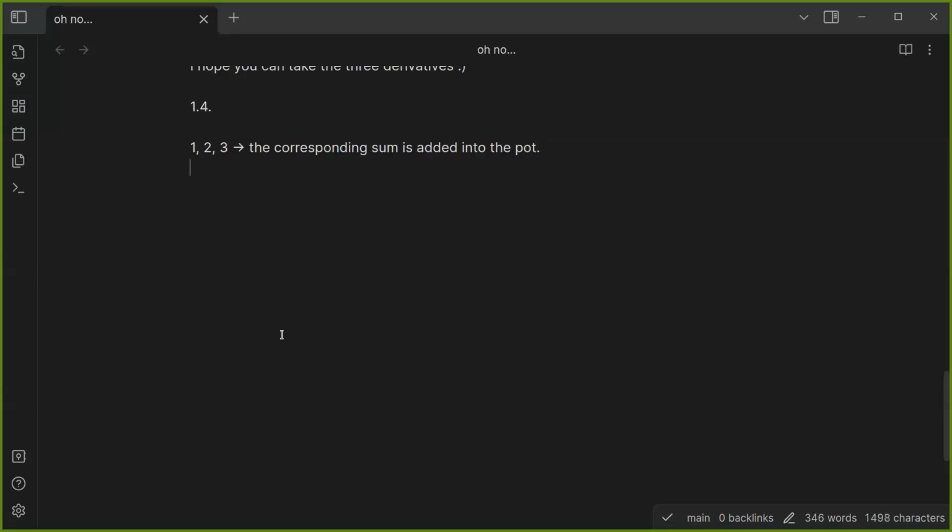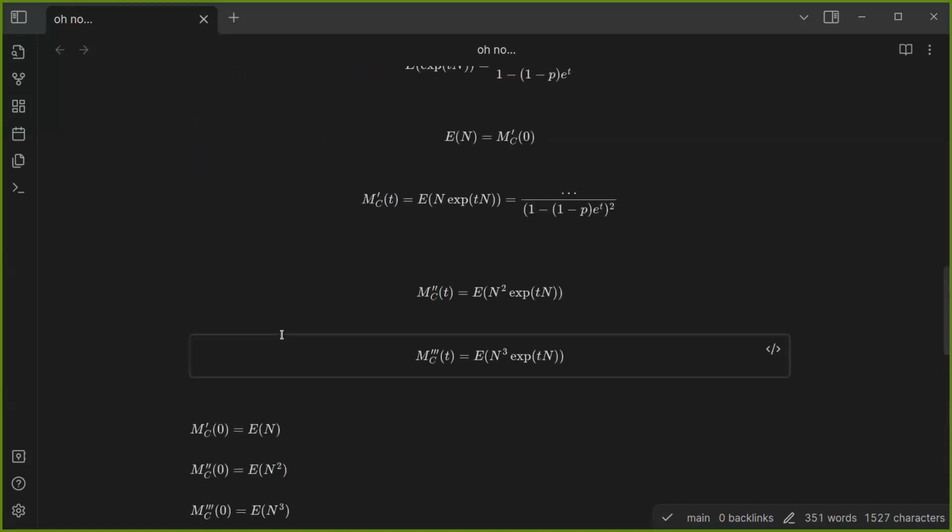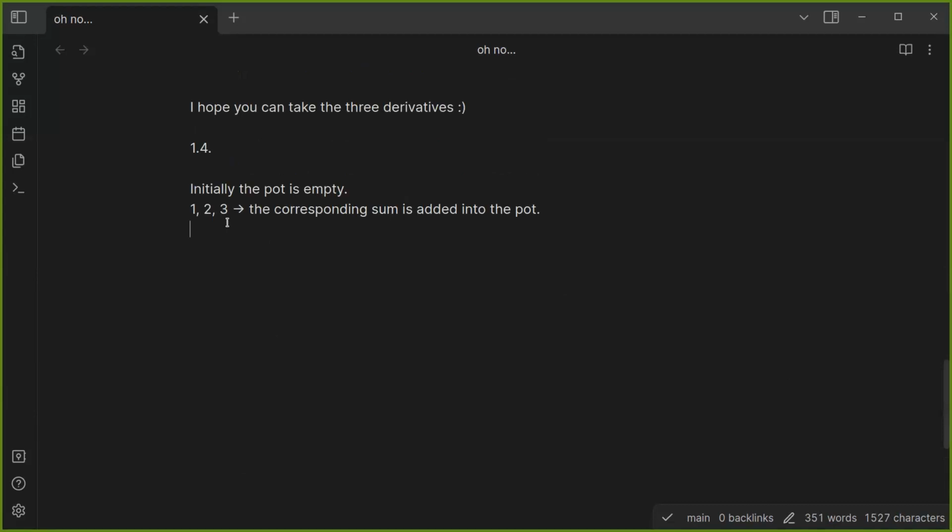So initially the pot is empty. There is no money in the pot initially. If the dice shows 1, 2, or 3, the corresponding sum is added into the pot. If the dice shows 4 or 5, you take the pot with money, and the game ends.